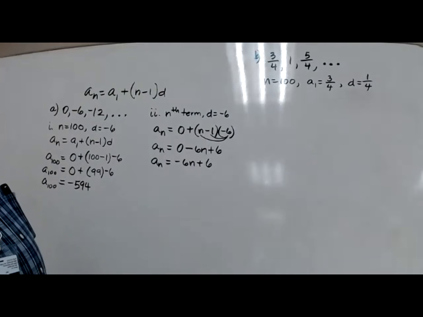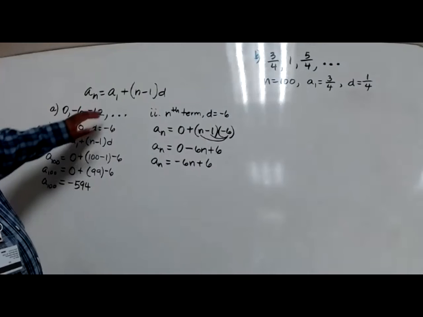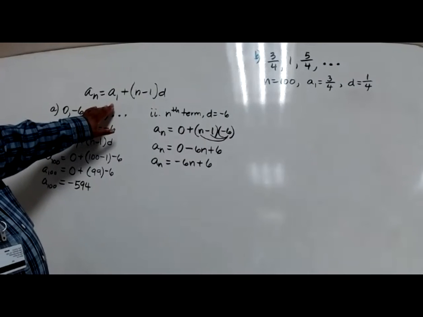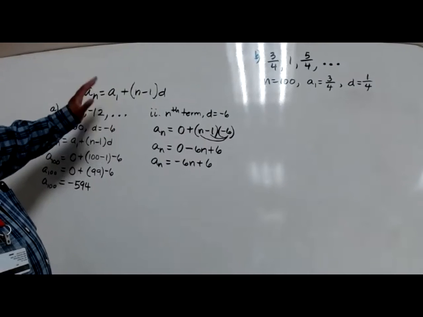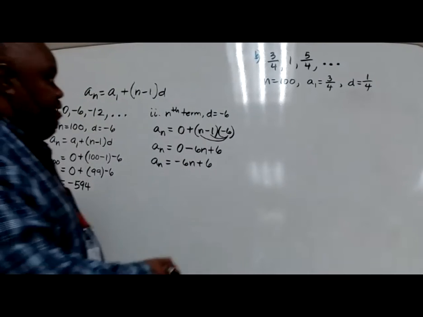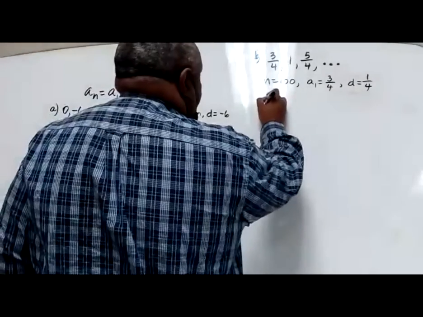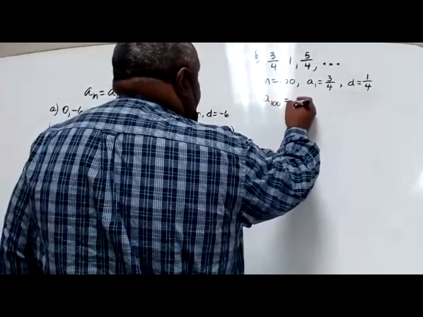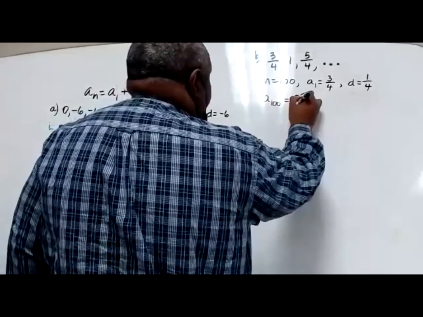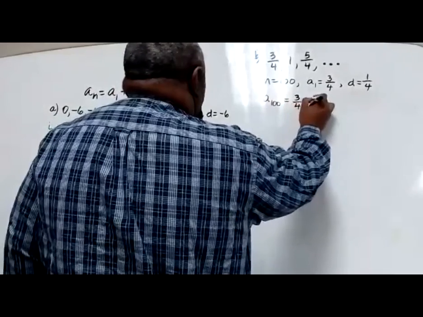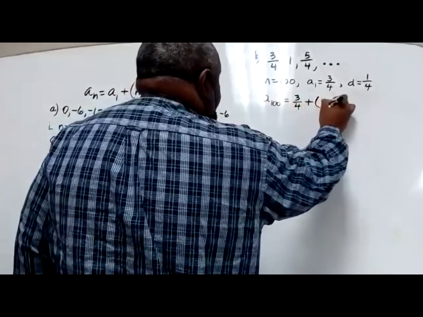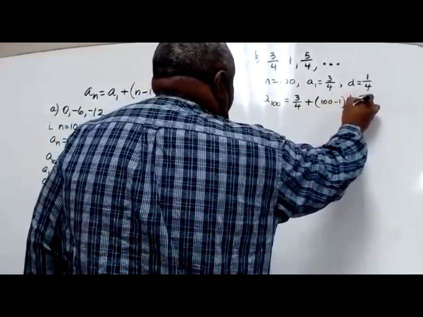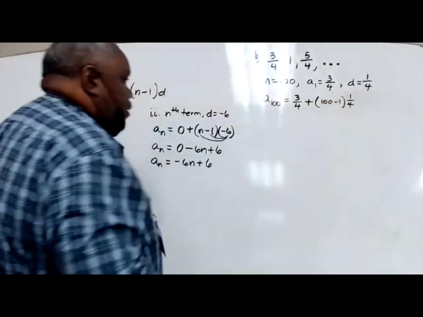Okay. And now we use the formula for the arithmetic sequence for finding the 100th term of this arithmetic sequence. So we have A sub 100, and that's equal to A sub 1, that's 3/4, plus 100 minus 1 times the common difference of 1/4.